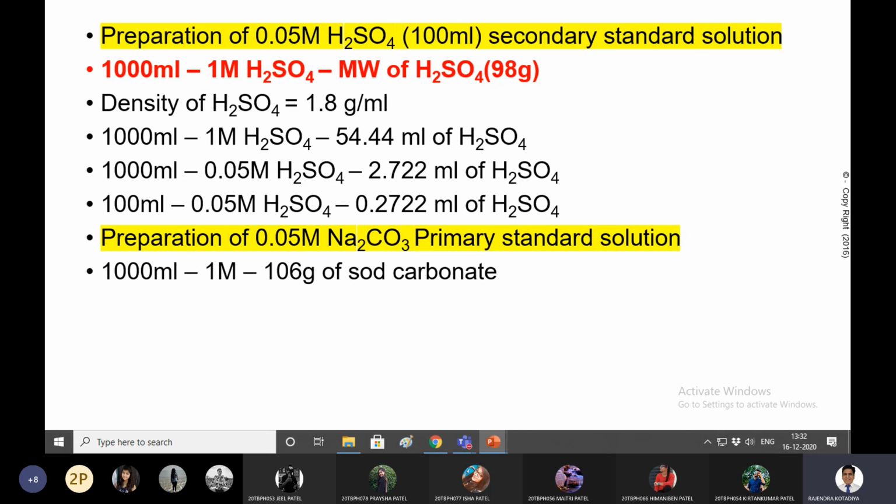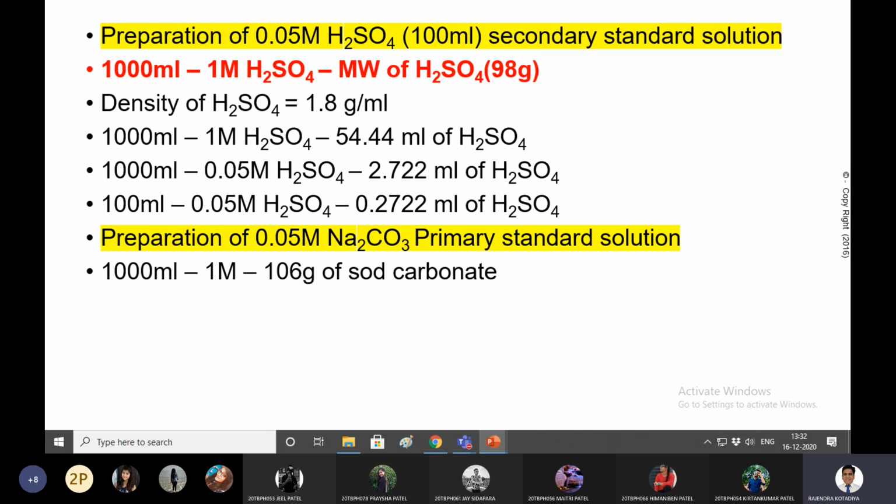So for 1000 ml 1 molar, the molecular weight of sodium carbonate is 106 gram. So for 1000 ml 1 molar solution you have to dissolve 106 gram of sodium carbonate into 1000 ml total volume of solution.